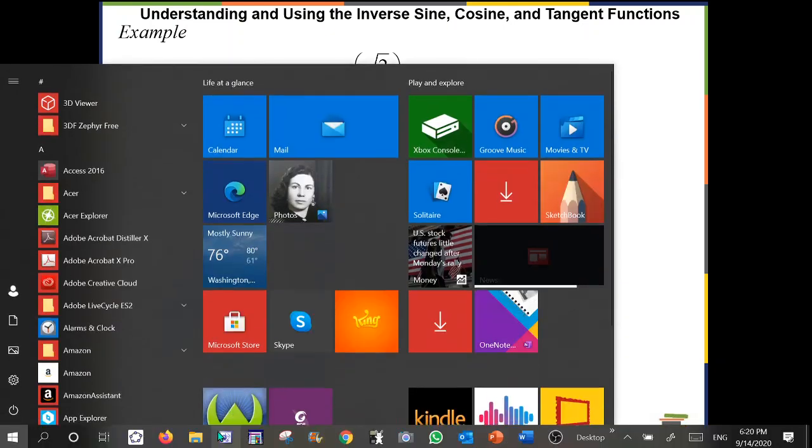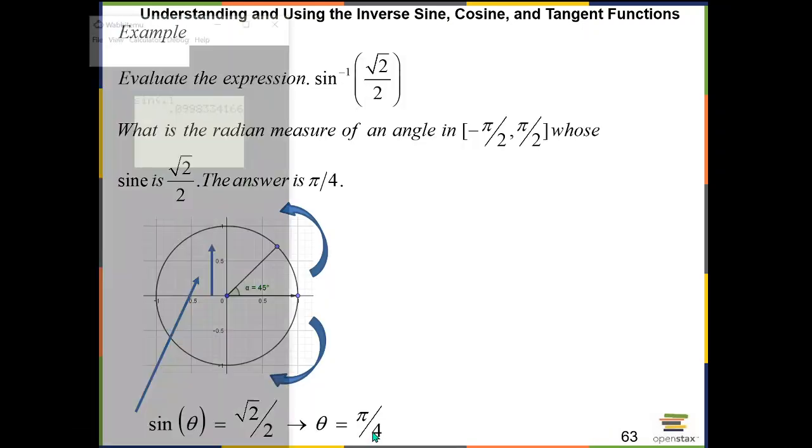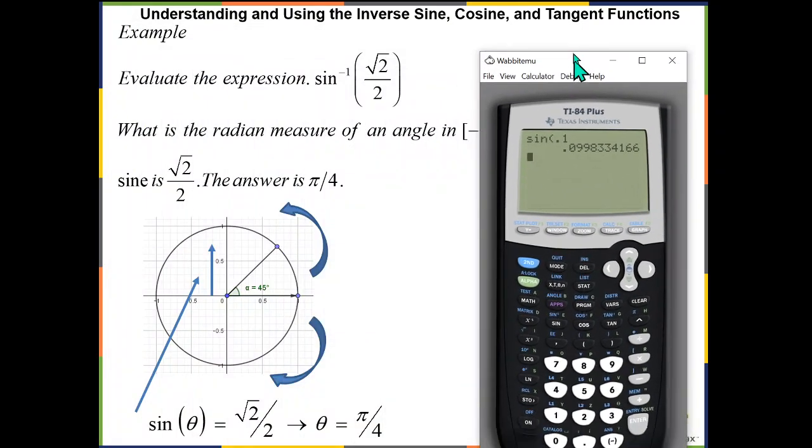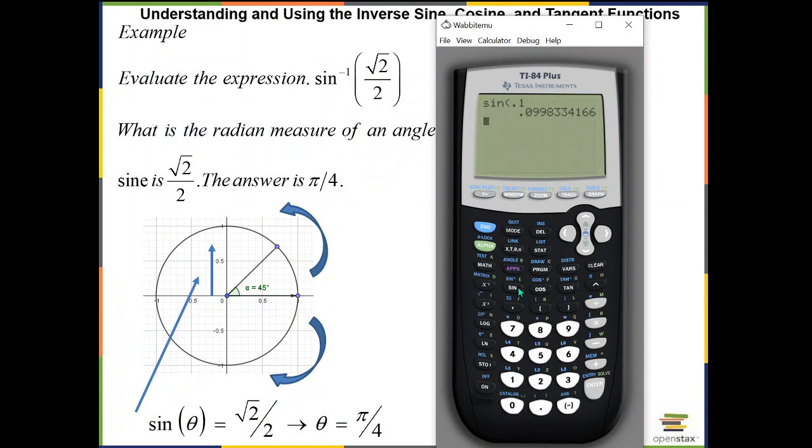Now, the calculator has inverse on it. You see inverse sine, inverse cosine, and inverse tangent. So if you want to work with inverses and know exactly what the angle is, you can put it in radian or degree mode and just enter sine inverse of, let's say, square root of 2 divided by 2.